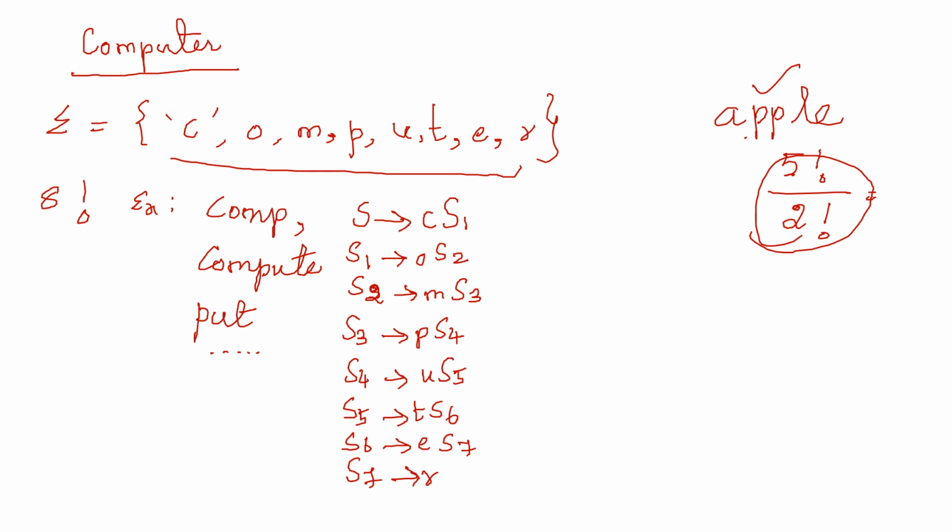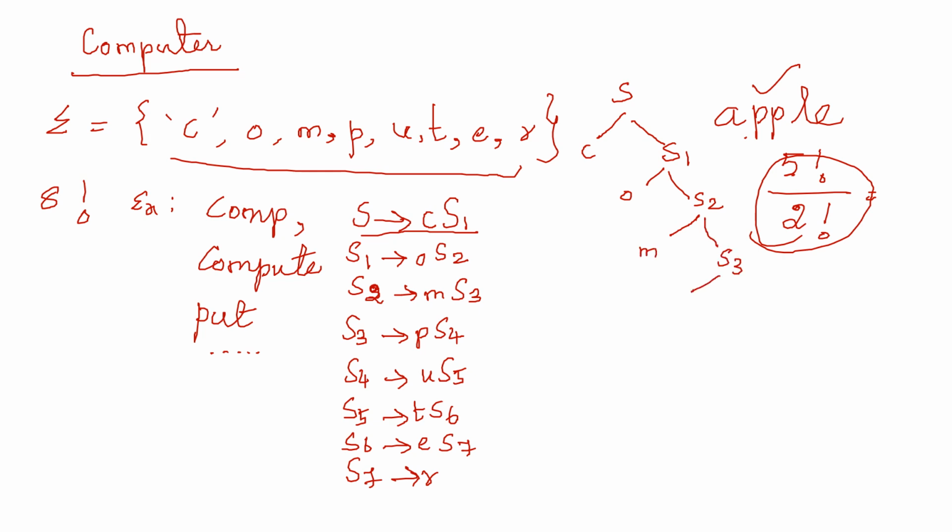Now let us verify whether this production rule generates computer or not. How will you start? Always start from the starting production. S tends to C S1. Again, the non-terminal S1 generates O S2. Then S2 tends to M S3.